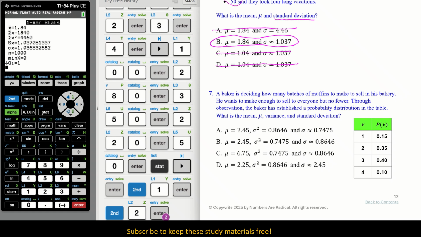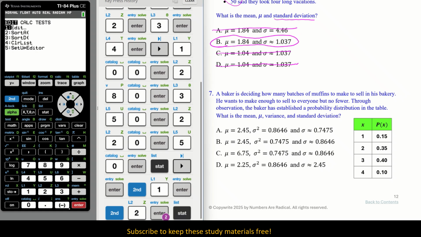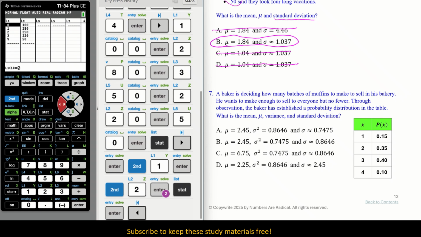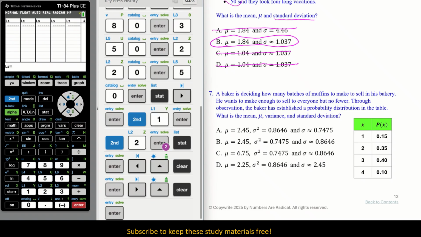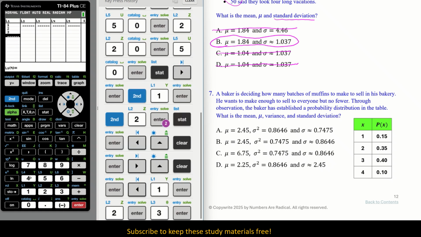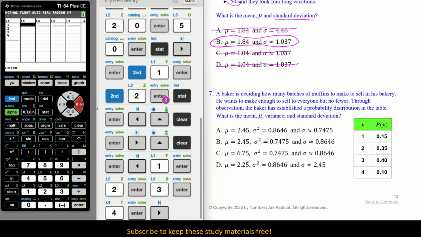All right, so go back to your stat. Number 1 is what we want, and let's just clear everything out. Clear, enter. Go up, clear, enter. It's just better to see what you're doing. We have 1 to 4. 1, enter, 2, enter, 3, enter, 4, enter. Pop it over.